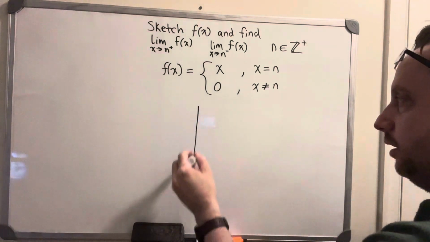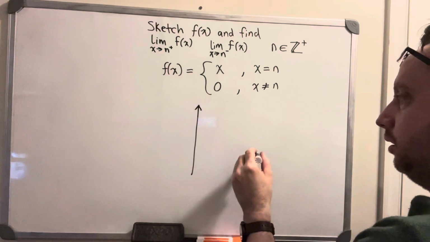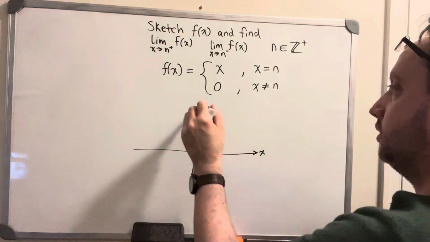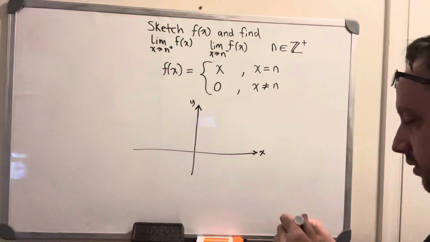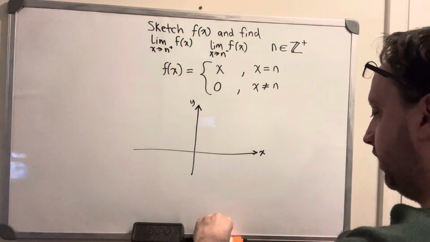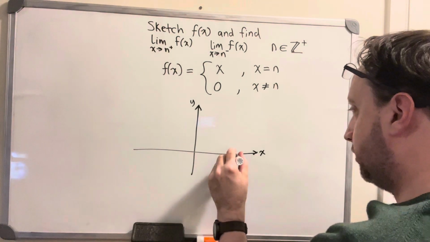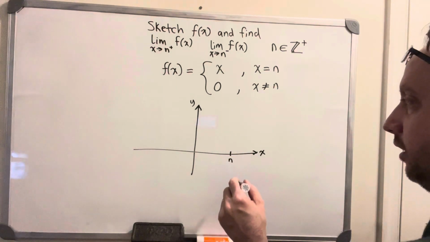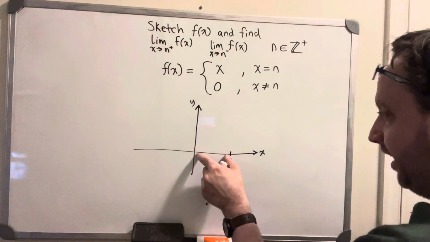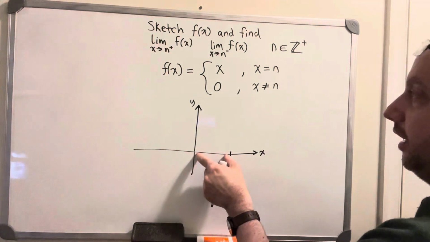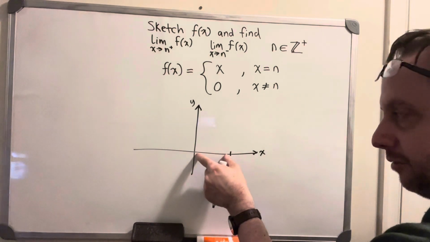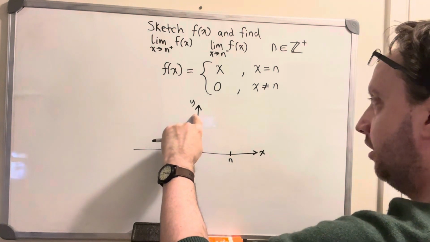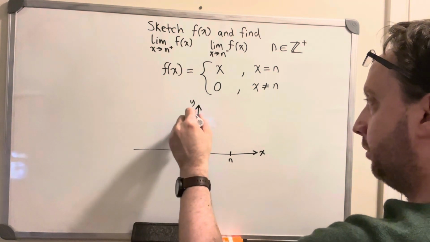Let's put a couple of coordinate axes here. This is x, y. Looking at this function, let's say that n is some value. We won't even specify which specific number it is. Let's just say it's right there. Now, if this is n on the x-axis, and x and y have the same scale, which is a good assumption, then n on the y-axis, we could draw it about right here.